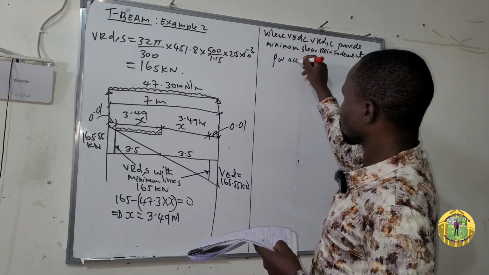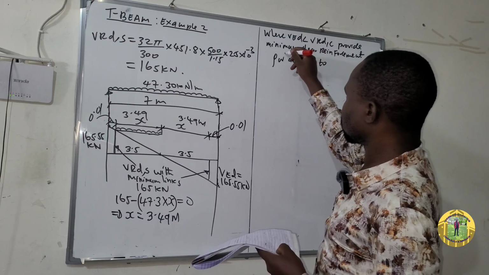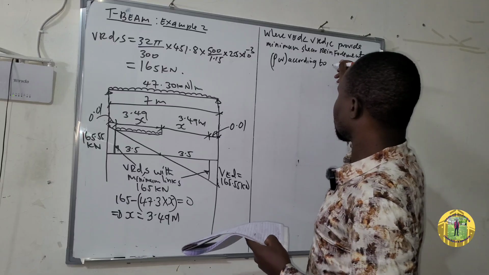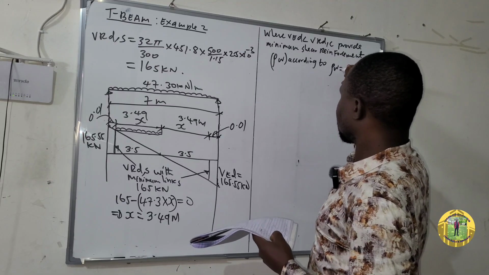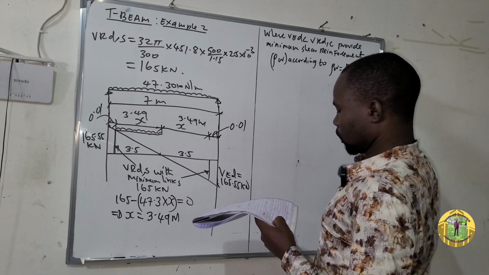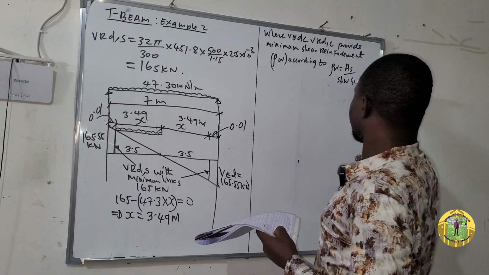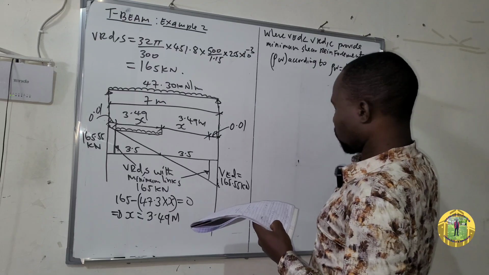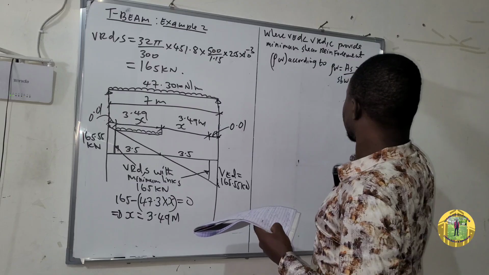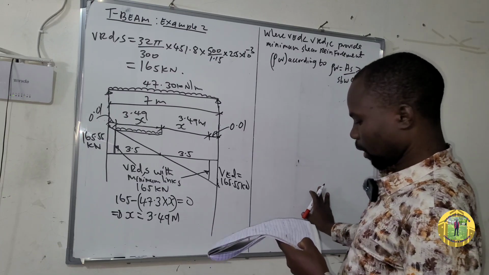According to ASW over S times sin alpha, it must be greater than the reinforcement minimum.